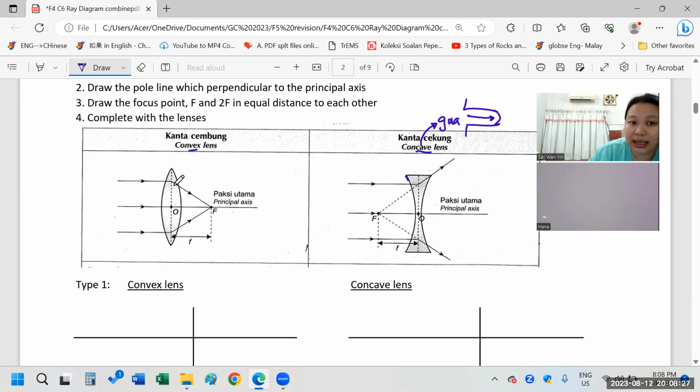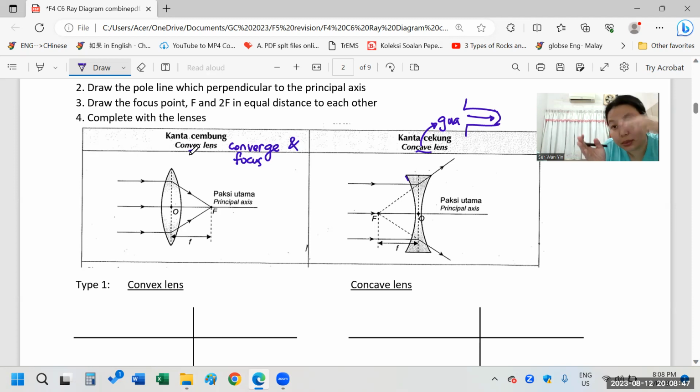The light for convex lens will converge and focus at one point. Converge means they close up, focus, right? And focus at one point. So this is convex lens.